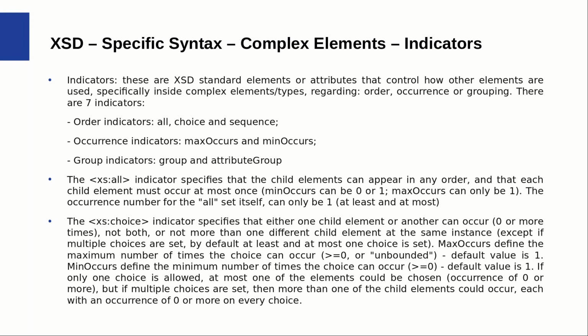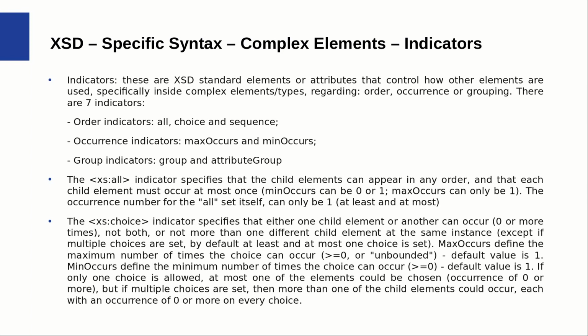And the maxOccurs at the choice indicator itself defines the maximum number of times the choice can occur, greater than or equal to 0 or unbounded, and the default value is 1. And the minOccurs defines the minimum number of times the choice can occur, greater than or equal to 0, and the default is also 1.